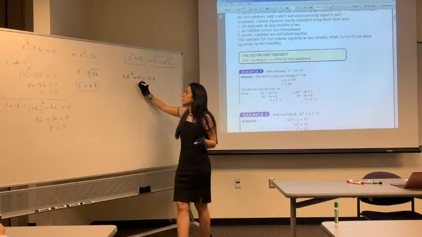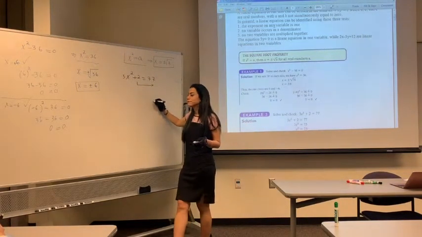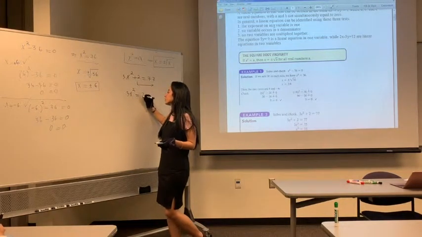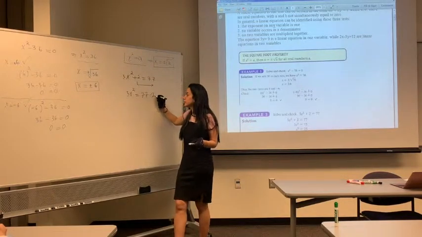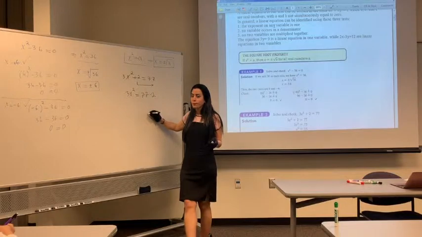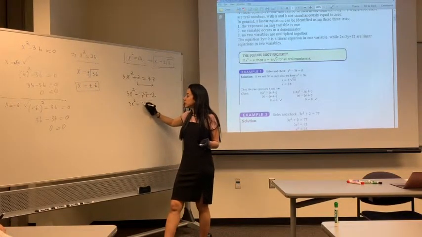So what we do is bring this 2 to the other side. We will have 3x squared equal to 77 minus 2. 3x squared is equal to 75.